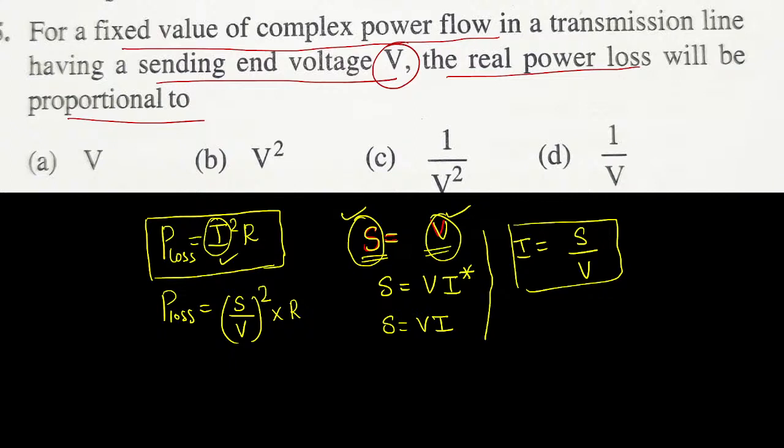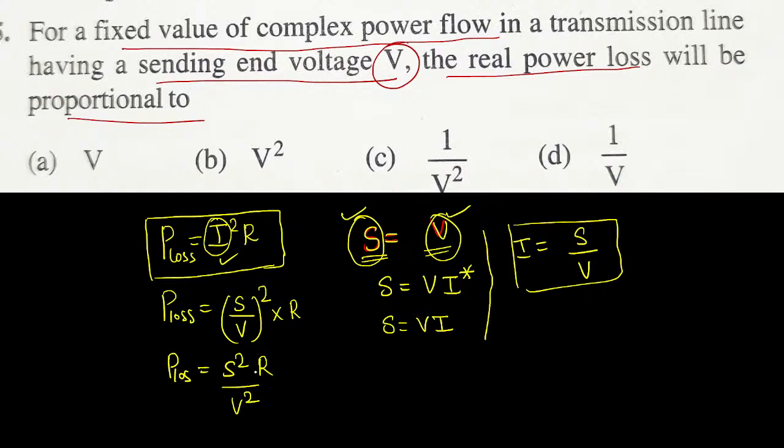Next, now you can find the relation between losses and voltage. Easily you can identify the losses and voltage. Can anyone please identify and tell me the answer? Now what will be the answer? It will be inversely proportional to V square. Yes, I am correct because we got the relation now. So losses equal to S square into R upon V square, sir.